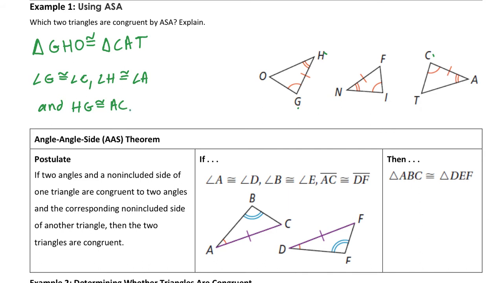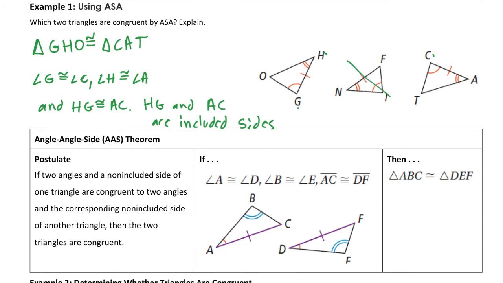So this is that angle side angle because HG and AC are what we call included angles between the two congruent, included, they're not included angles. Sorry, they're included sides between the two congruent angles. My bad. So they're included sides between the two congruent angles.